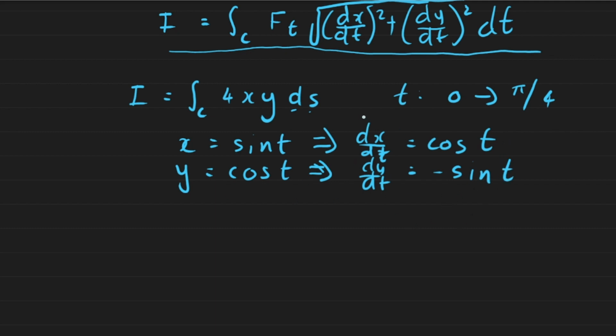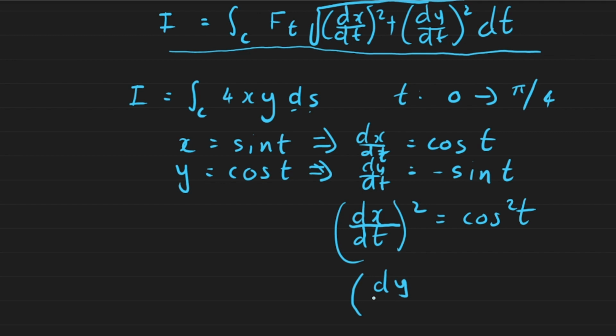So we need to square dx/dt and dy/dt. When we do that, we get (dx/dt) squared equal to cos squared t, and (dy/dt) squared equal to sine squared t.